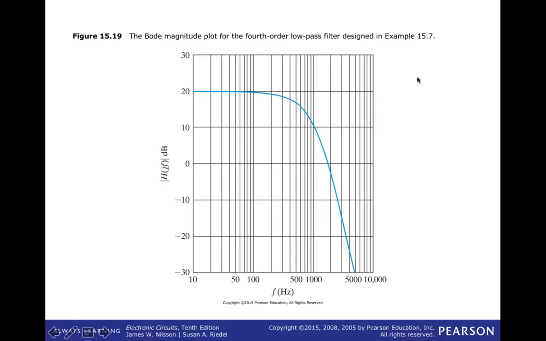If I were to do that, since this is an 80 dB per decade drop, I'd have to be sure I really gave you enough room on the plot to see the full decade, so that you knew how many dB you dropped along that decade. So anyway, this is important.